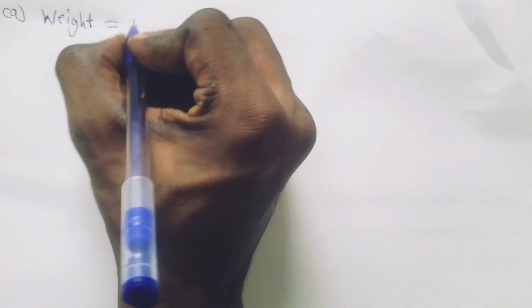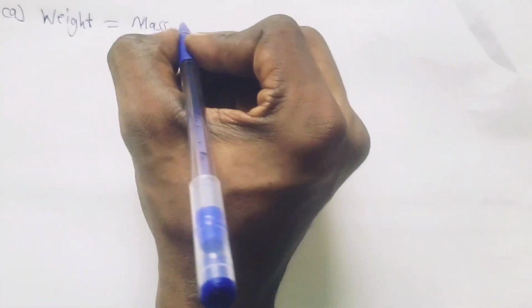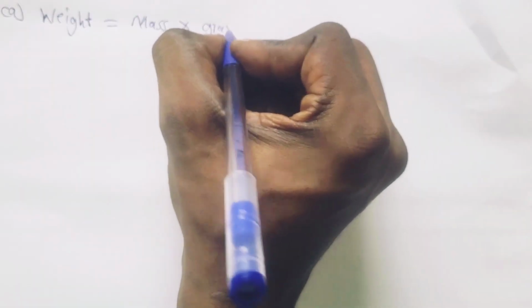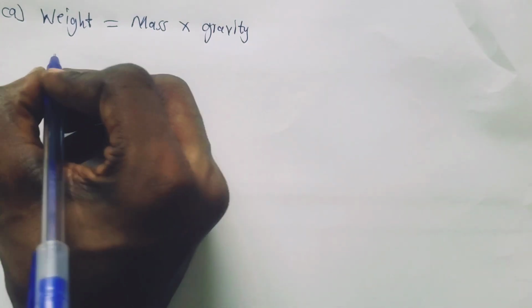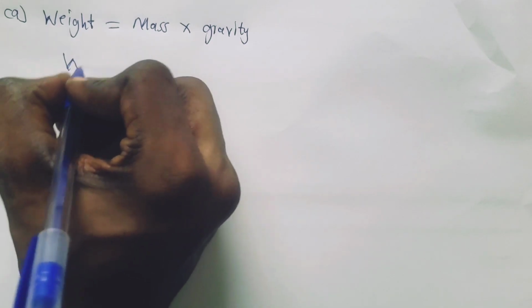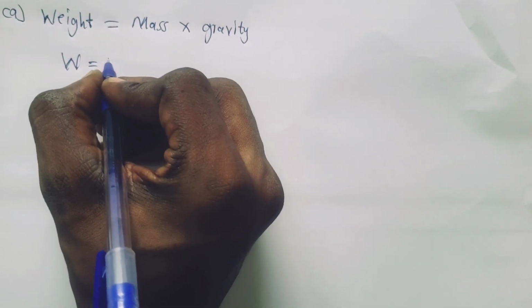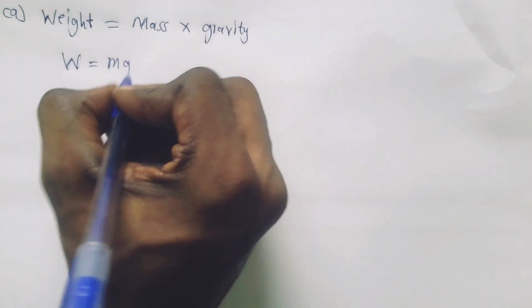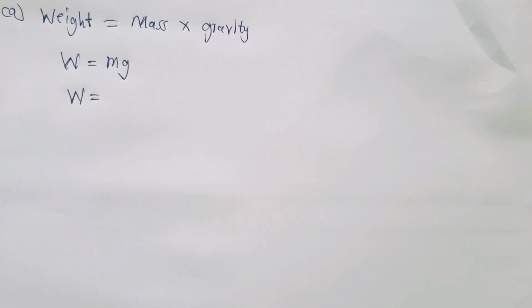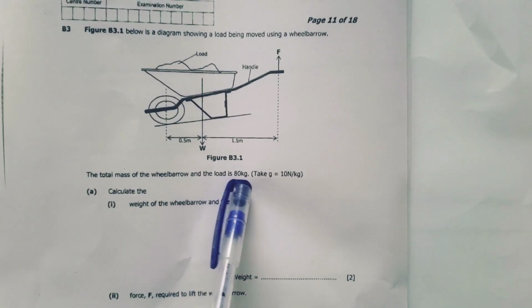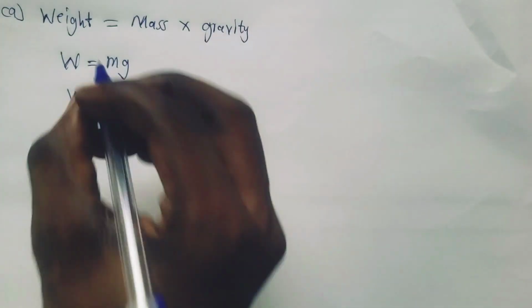So for question A, you're going to calculate, because you understand that weight is given by mass times gravity. So weight is equal to mg. So our weight is going to be mass. They said the total mass is what? 80 kg, this one here.